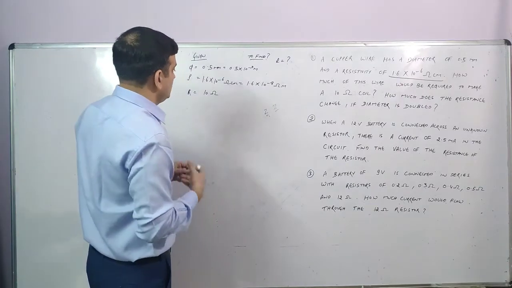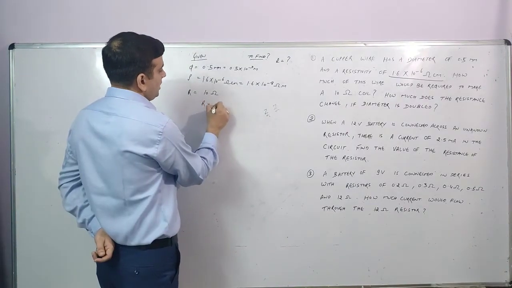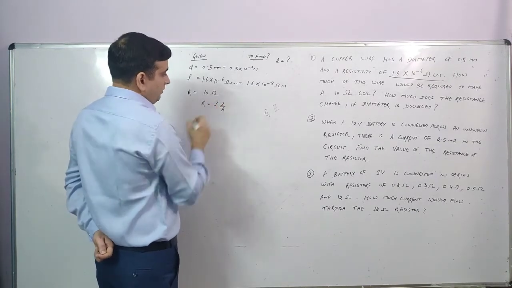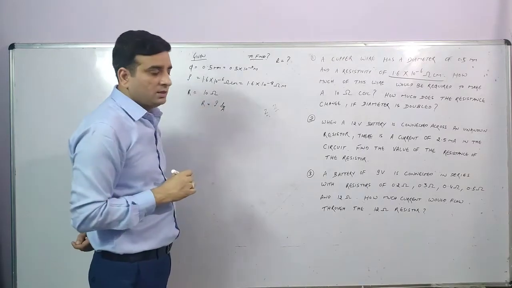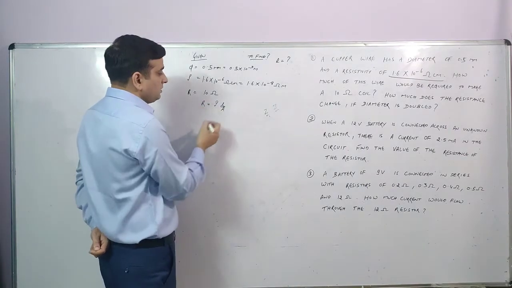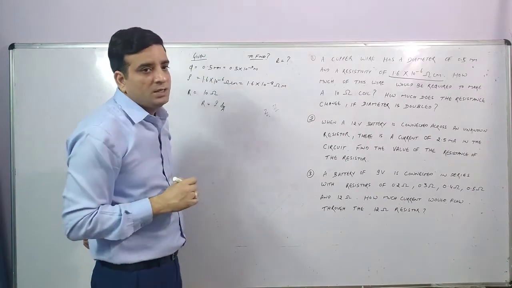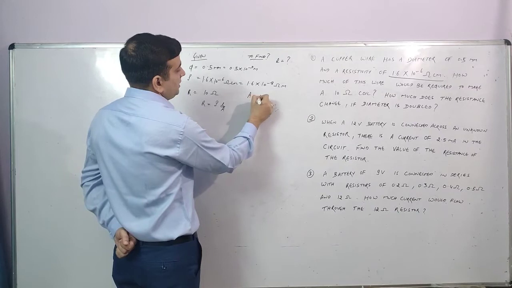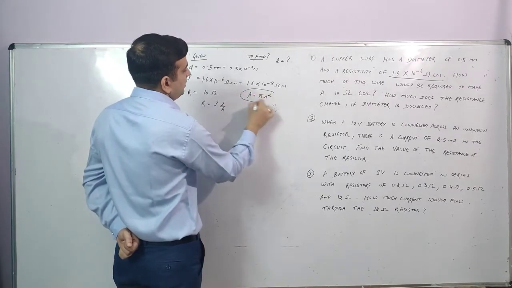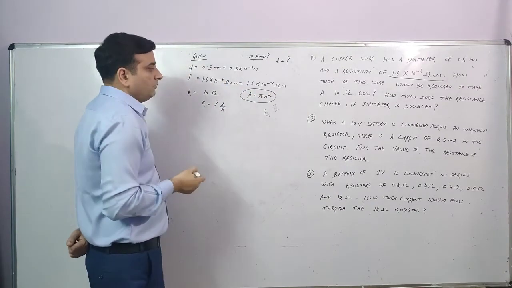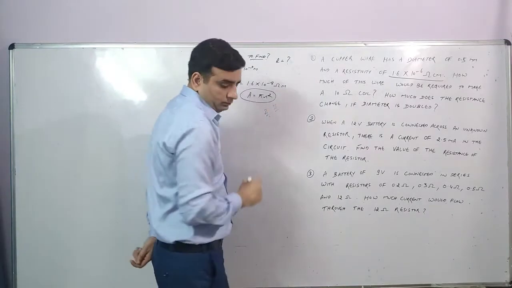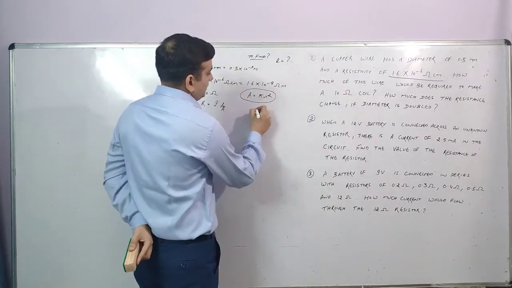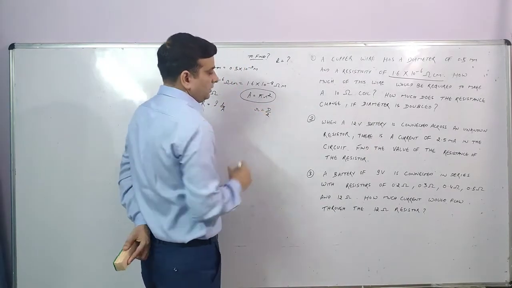So we will follow the simple formula: R is equal to rho L by A. L we have to calculate; rho and resistance are given in the statement, but area is not given. One of the simple ways to calculate the area is pi r square. Halve the diameter, because radius is equal to diameter by 2.